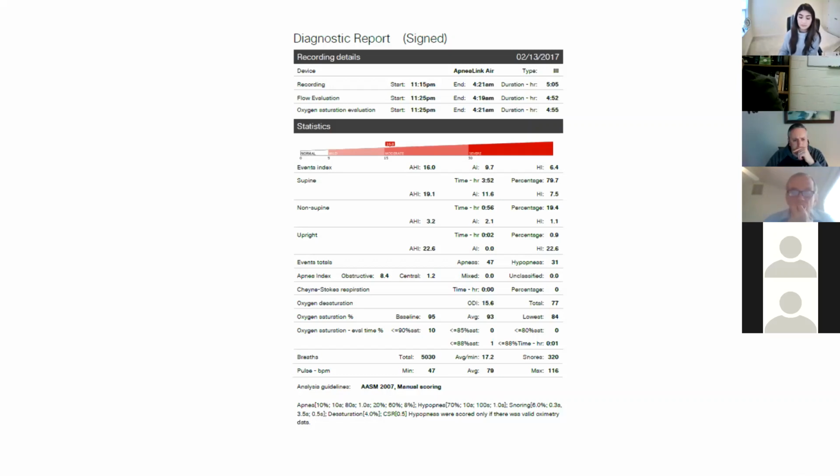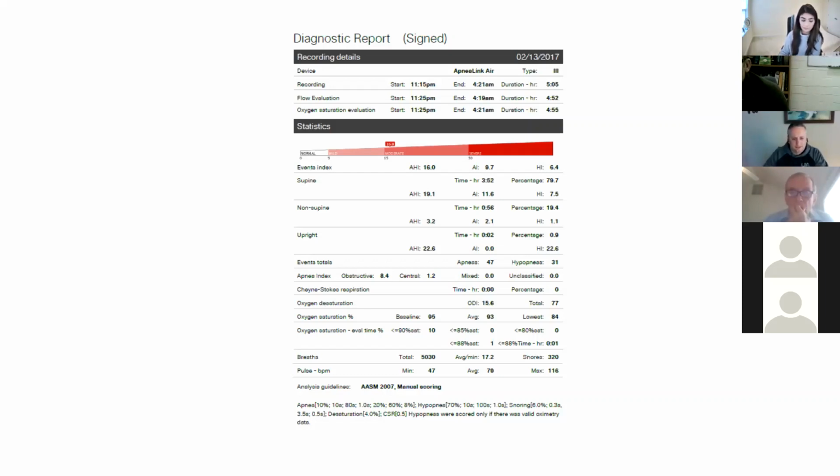What we've started using for our hospital-based screening is high-resolution pulse oximetry as a surrogate for AHI to screen people for obstructive sleep apnea.